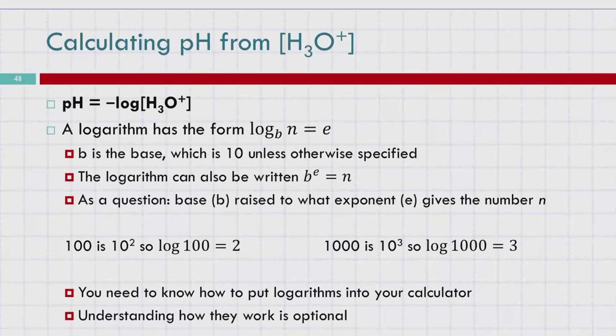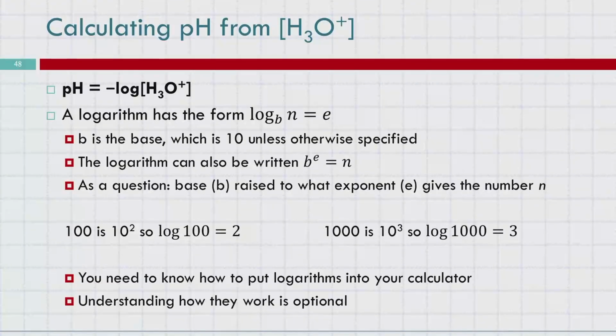So where do we get that from? pH is calculated from hydronium concentration. Here's our formula. This little p means negative log, just generally. And the H here is standing for H+, which is the same as H3O+, hydronium.